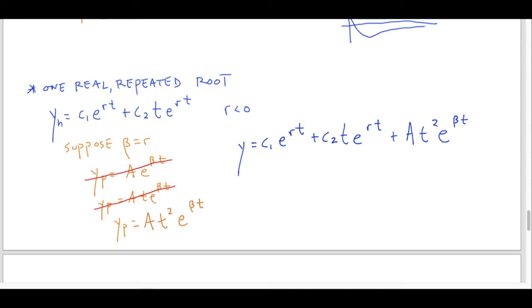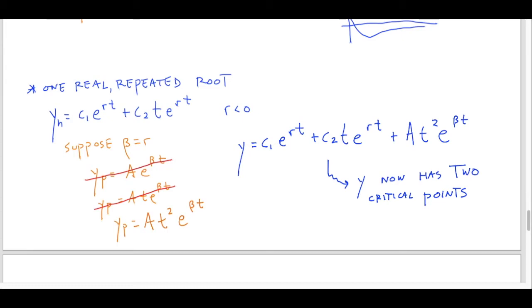And what's distinctive in this case is that this type of function has two critical points. And while I admit this is not a drastically different type of function, it's nevertheless qualitatively different from the homogeneous or natural behavior of the system that we would observe if there was no forcing function.